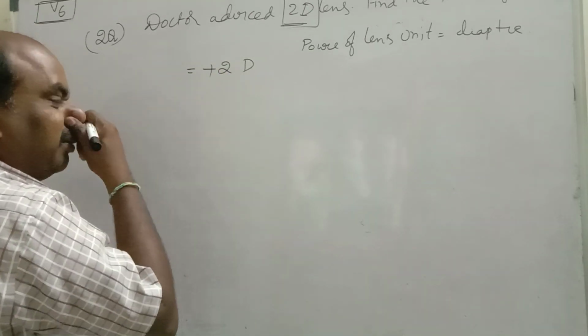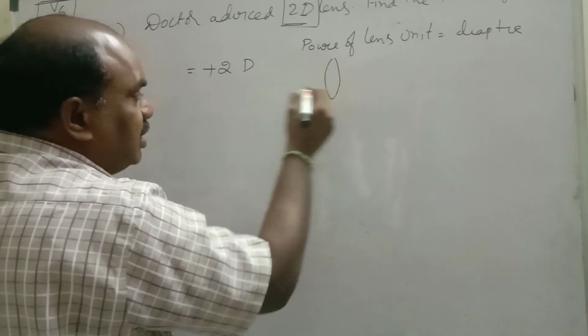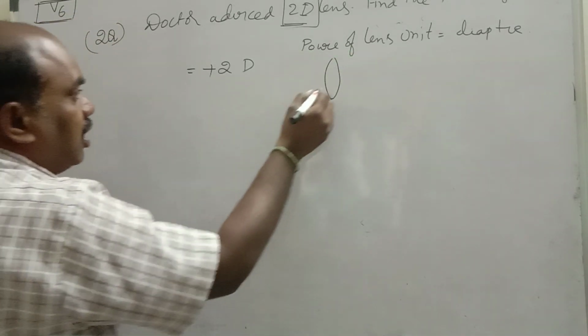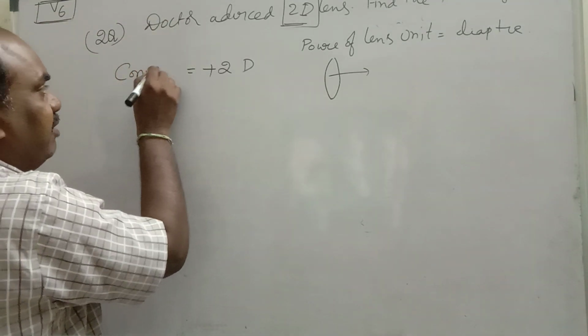Plus 2 diopter means plus power. Which lens has positive power? Convex lens power is positive. So the doctor suggested a convex lens.